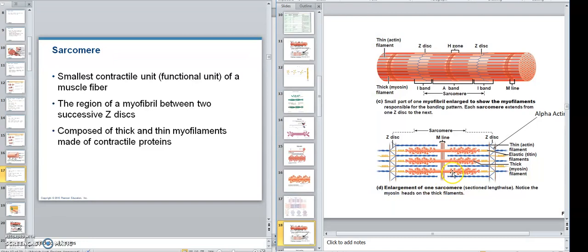That would be the H zone, because if I pull in from both sides, then I'm now introducing actin into the H zone. So the H zone gets smaller when you do the muscle contraction. Study that heavily because you need this anatomy to understand this physiology.